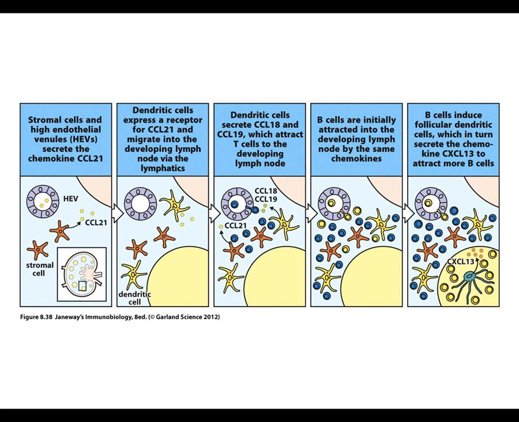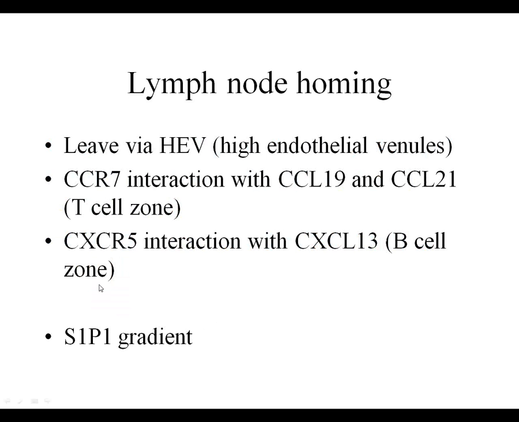They follow into the lymph nodes this gradient called the S1P gradient, which I would know. So I think the S1P gradient increases. You have the S1P receptors, so it's following it, it's sniffing it out. And then to get back out, it starts losing those receptors, and the gradient decreases, and they're able to sneak out. Sneaking in, they follow the S1P gradient. They escape through these high endothelial venules.